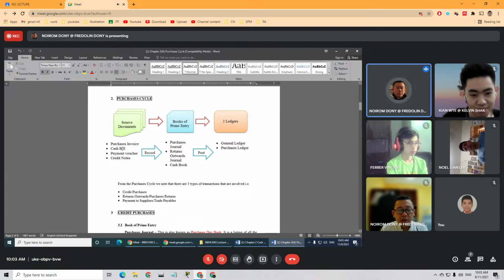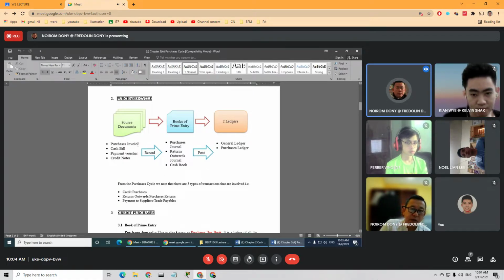Now, if it's a cash bill, it refers to cash purchases. What are cash purchases? The business buys the goods from the supplier and immediately makes the payment. So with a cash bill, the prime entry will be the cash book.